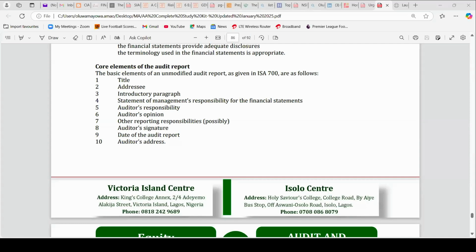We also have May 2023, question 1 again. So you see, this topic is not a topic to be played with. I will advise that you go over it again. May 2024, actually 2 questions, question 3 and question 7.